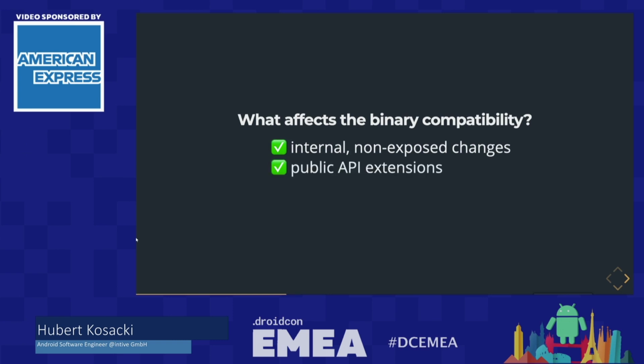When we add some new APIs, meaning we extend the public API of our library, we still remain backwards binary compatible. But in case we remove any public API declaration, then we will end up in some issues.